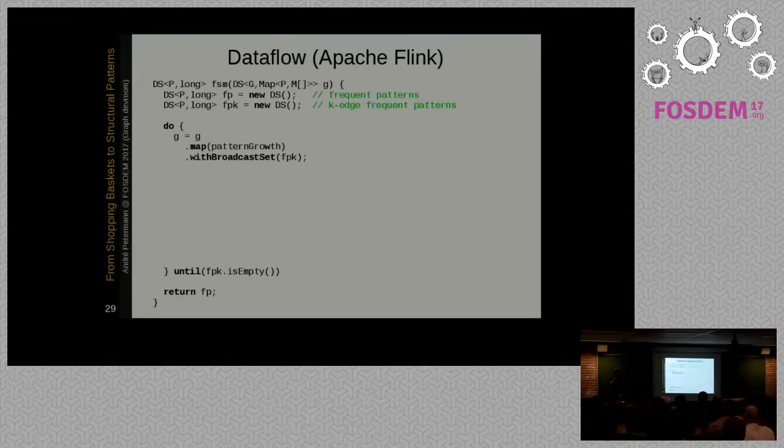We apply the pattern growth using a map function, which means we update the graphs, because the graph data set does not only contain graphs, it also contains a map between patterns and embeddings. So in the pattern growth step, we just check the map, all the keys which are also contained in the frequent pattern set we need to grow.